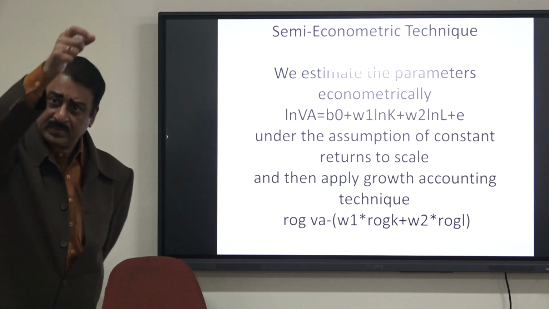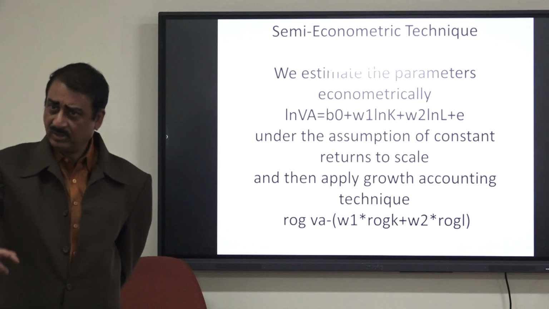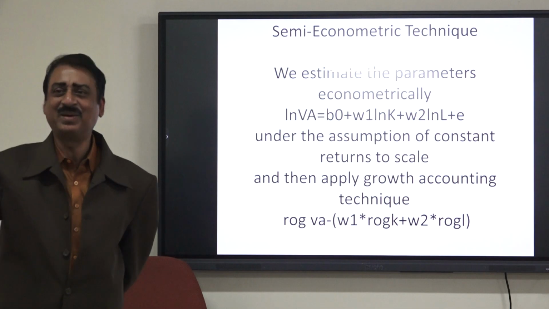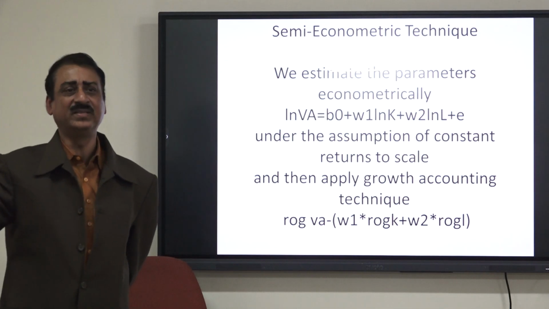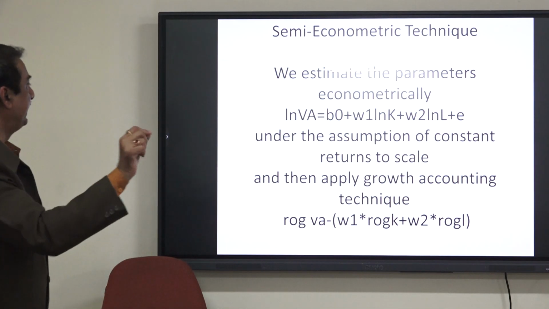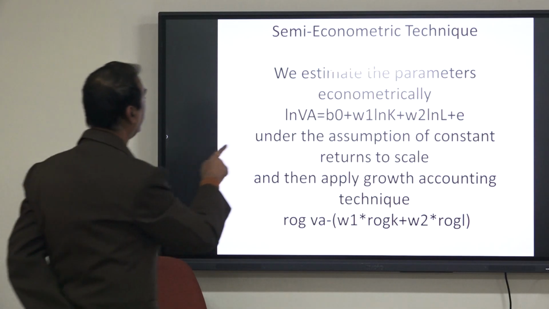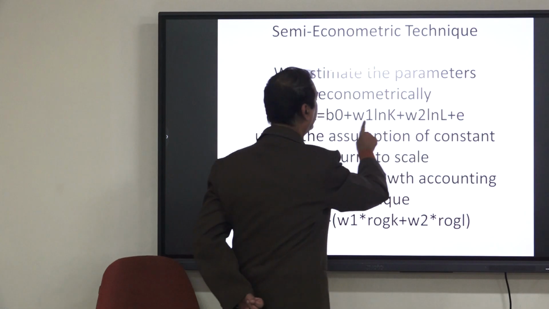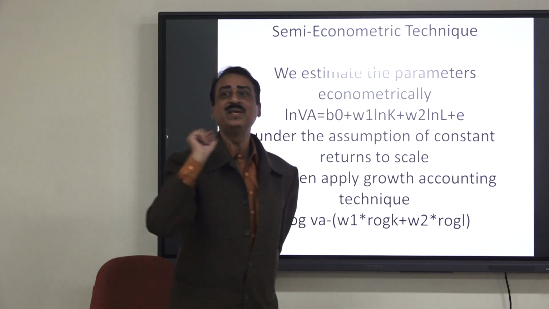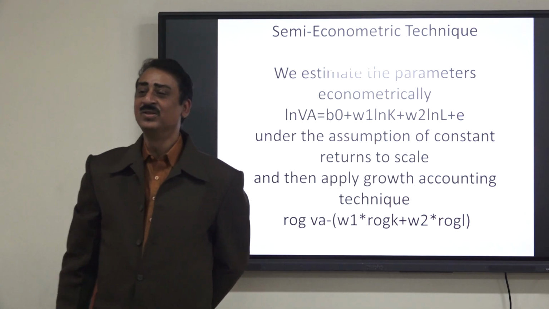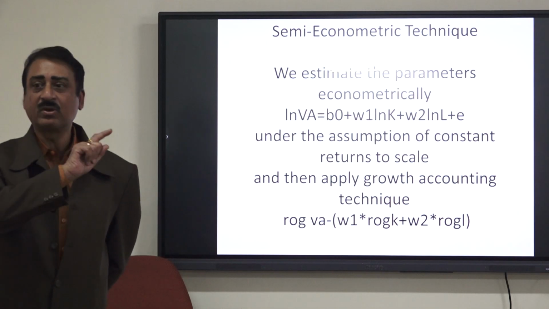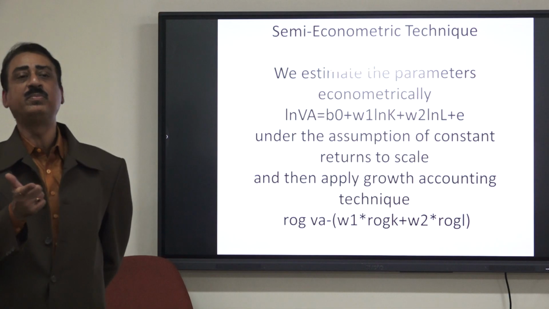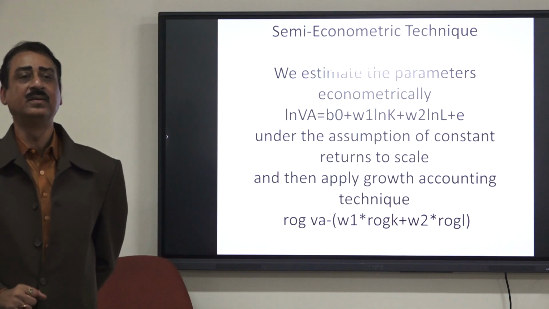You take the value-added series in constant prices, the capital series in constant prices, labor as number of hours or number of human beings, and then you regress. When you regress log of value added on log of capital and log of labor, these two coefficients will be estimated, and when you impose the constant returns to scale assumption, automatically W1 plus W2 will be equal to 1.